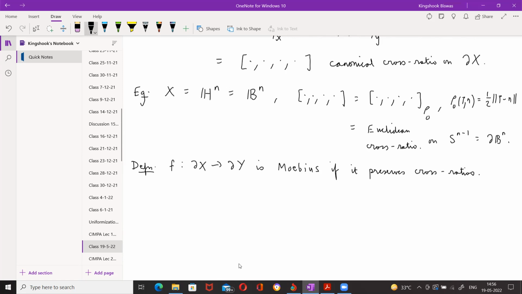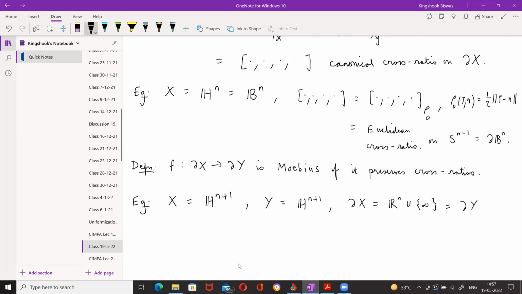So if X and Y are hyperbolic space, for example, if X is equal to H^(n+1), Y is equal to also H^(n+1), and boundary X, I take this as the upper half space model. So then boundary X is R^n union infinity, which is boundary Y. And the cross ratio is the usual Euclidean cross ratio.